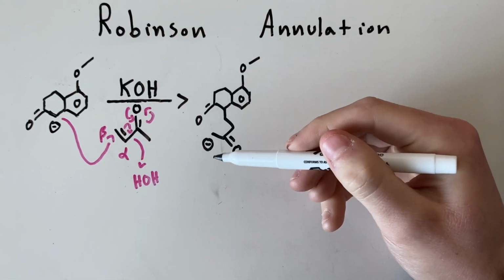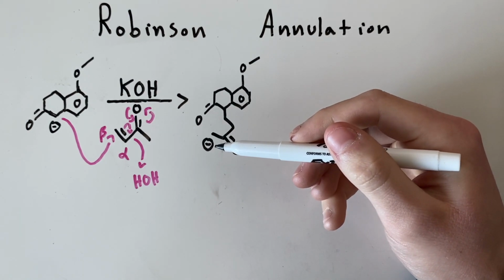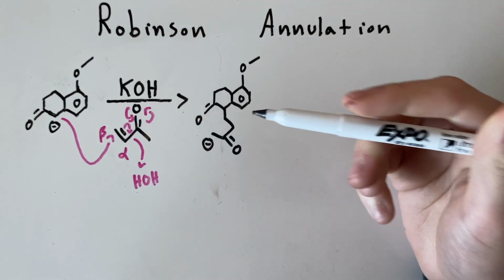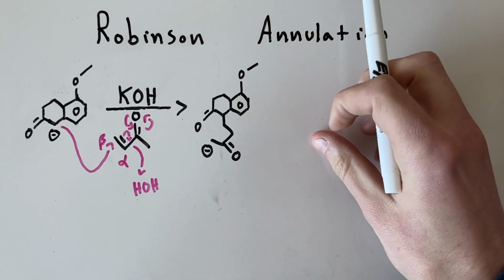So next we have a negative charge here, and a carbon with a negative charge on it is an extremely strong nucleophile. Extremely strong.